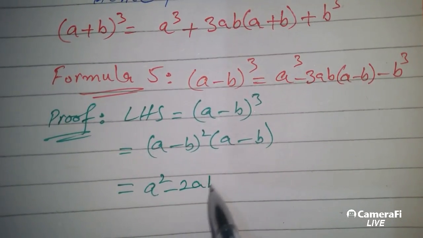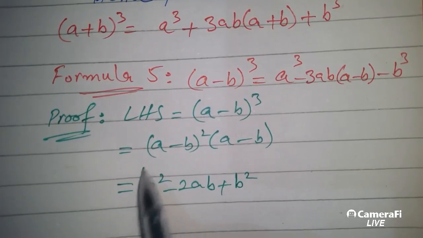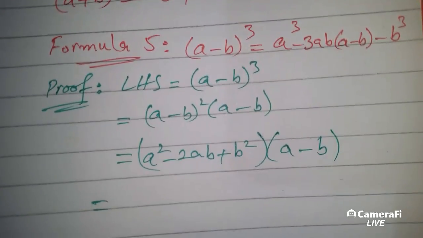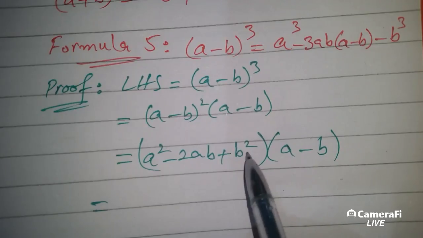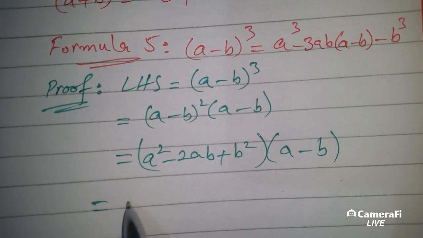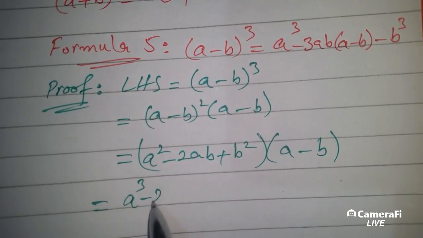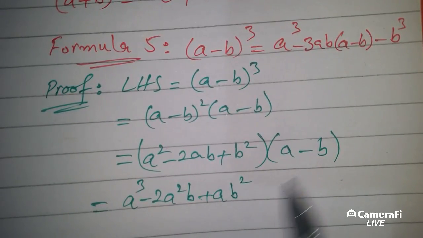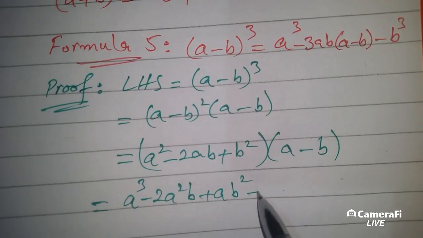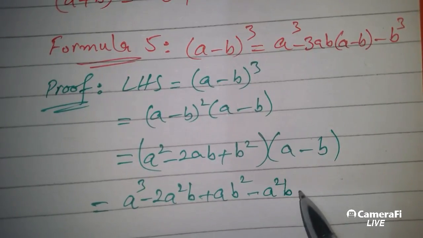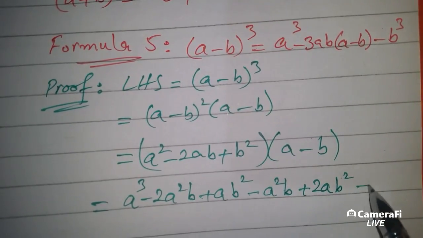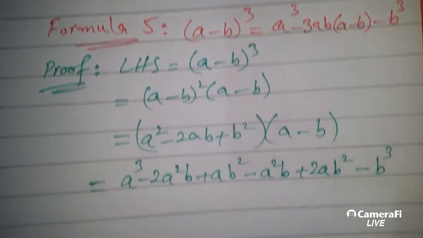A square minus 2ab plus b square. Let's multiply. When a is multiplied with all these 3 terms, these terms will become like this. When minus b is multiplied with these terms, they will become like this.